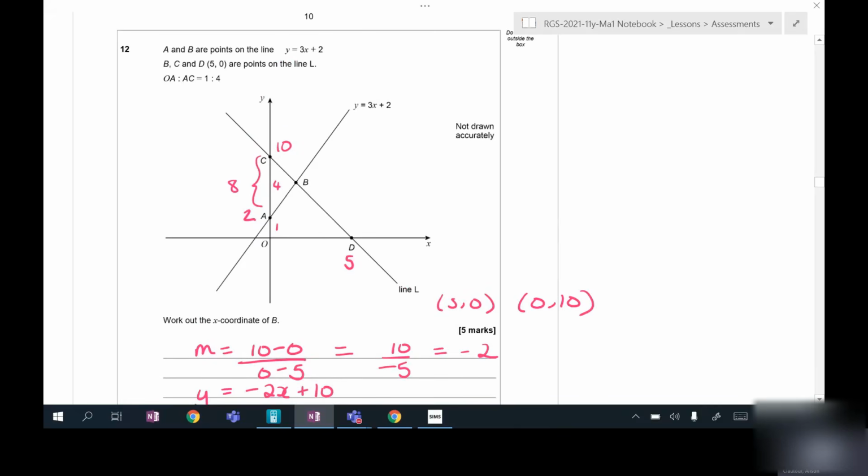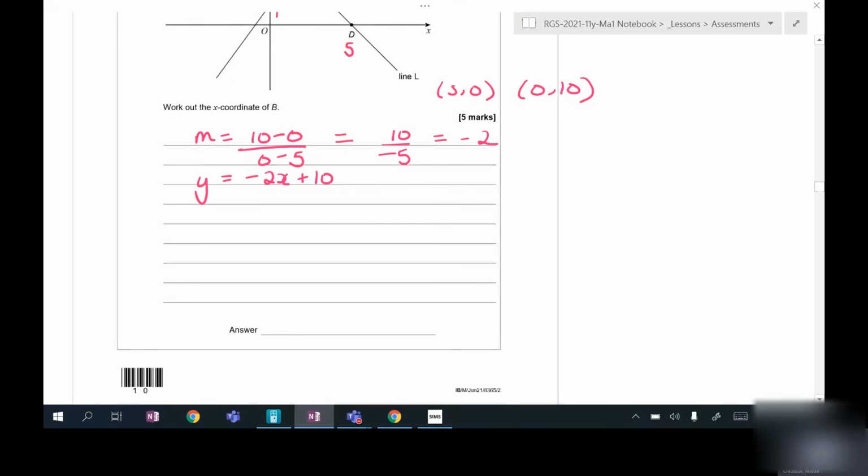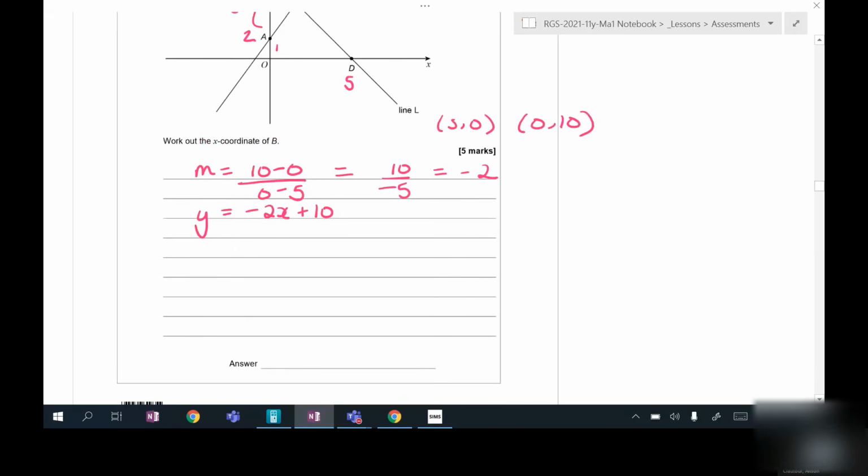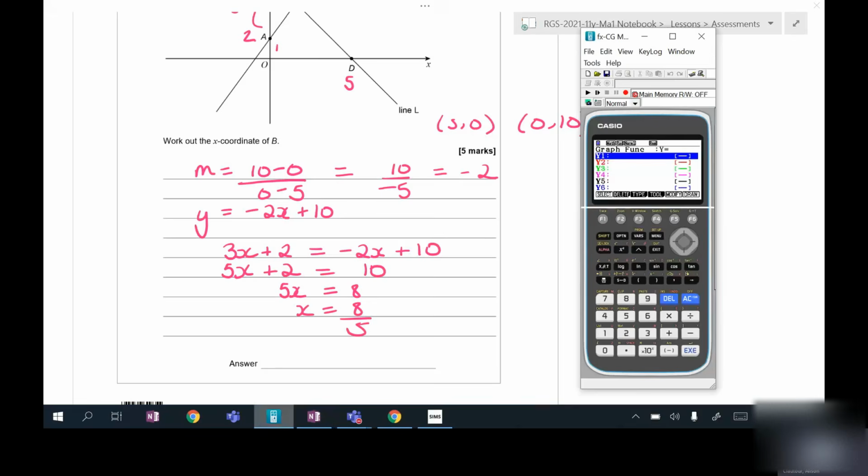I then want the intersection point of 3x plus 2 and -2x plus 10. So I can make them equal and solve this equation. Okay, and we can use a calculator to double check that.